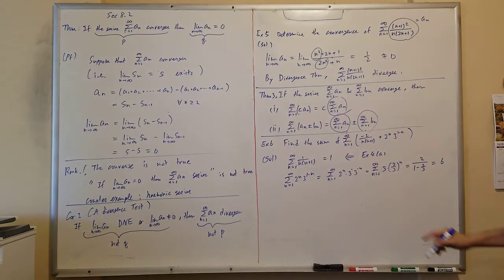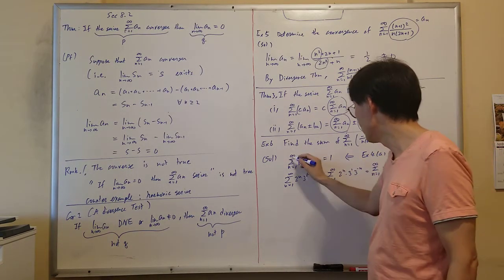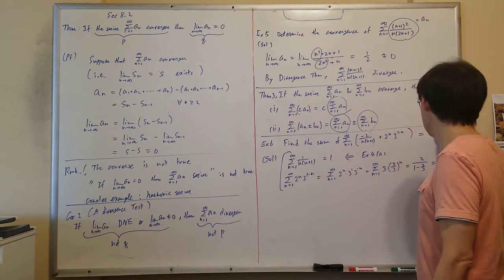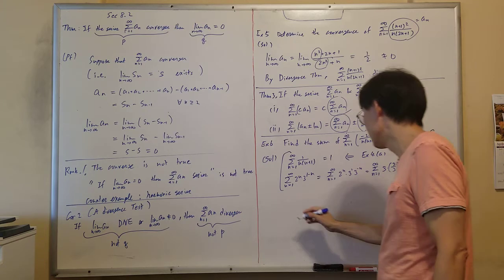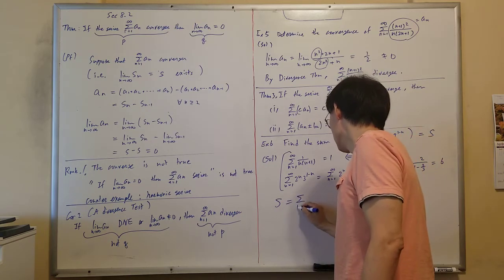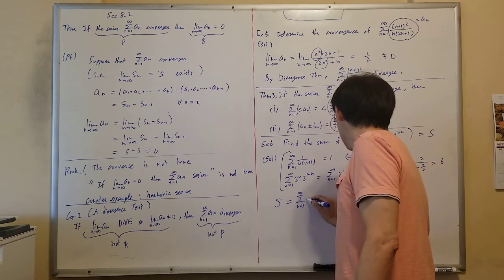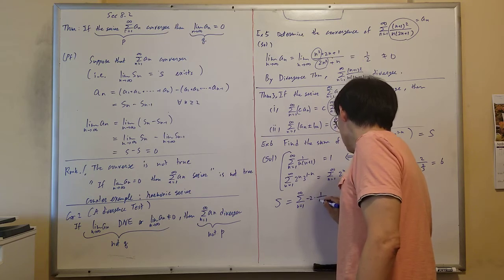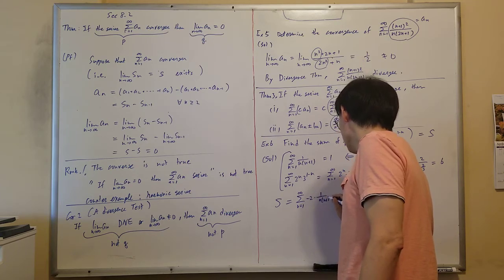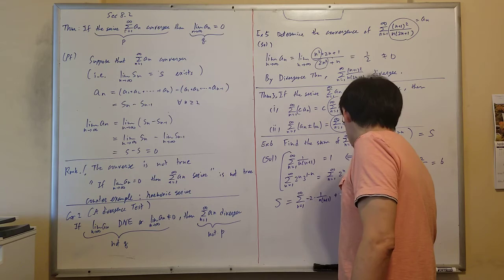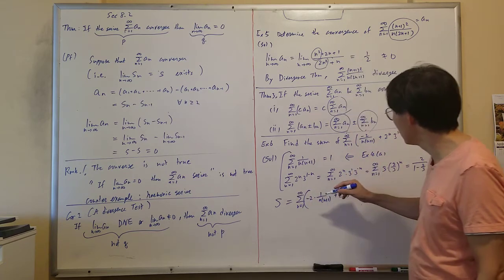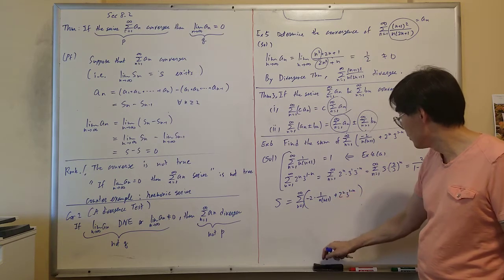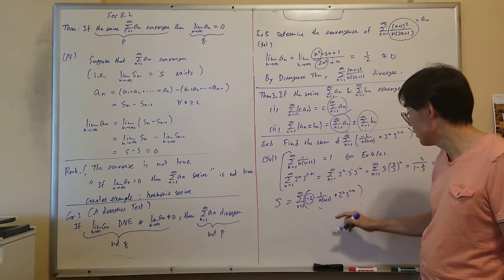Now, I'm going to call this series S. You can rewrite S as minus 2 times the sum of 1 over n times (n plus 1), plus a constant times this other series.